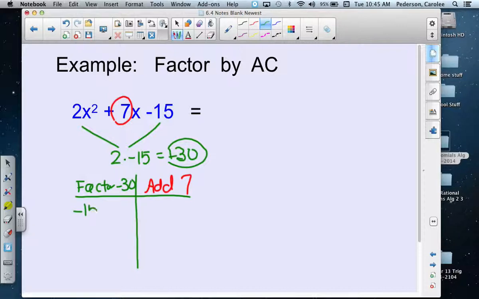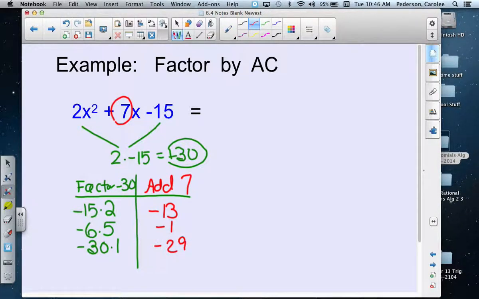One of them is negative 5 times 2. Another one is negative 6 times 5. Negative 30 and 1. So we're listing out some of those factors. When we add these so far, we get negative 13. We get negative 1, negative 29.